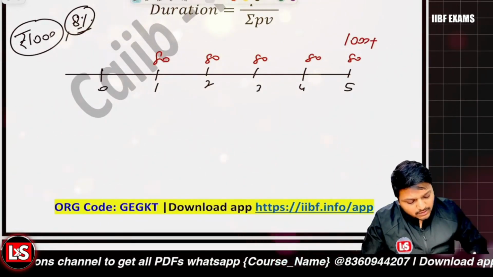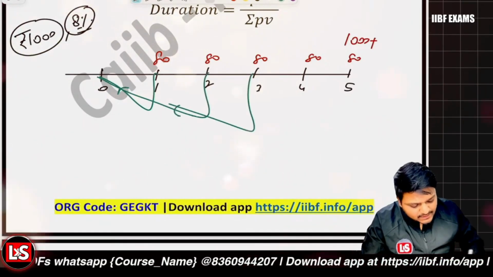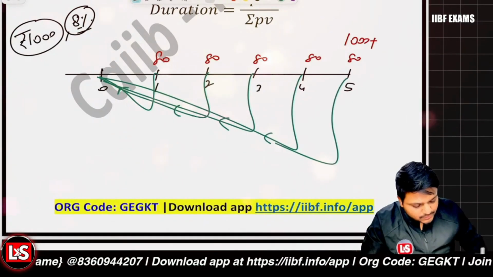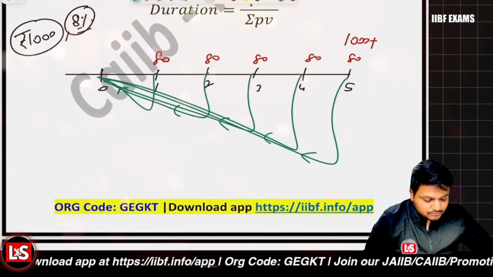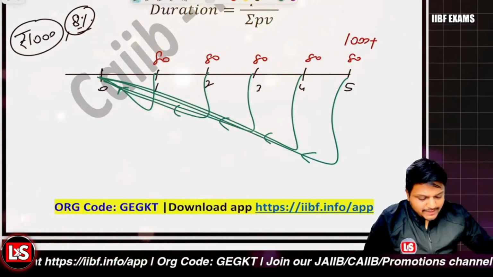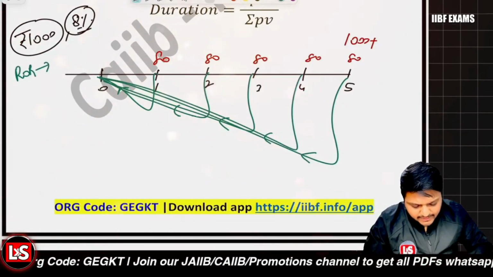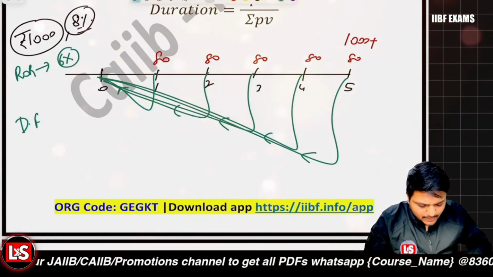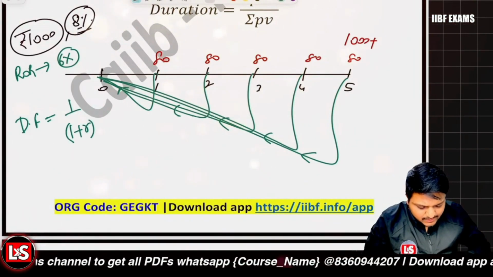Now you have to convert these values into present values, and the present value can be calculated using the discount rate, right? Let's say we are considering the required rate of return, or the YTM, to be 6%. The discounting factor formula is 1 divided by (1 plus R) raised to power n.